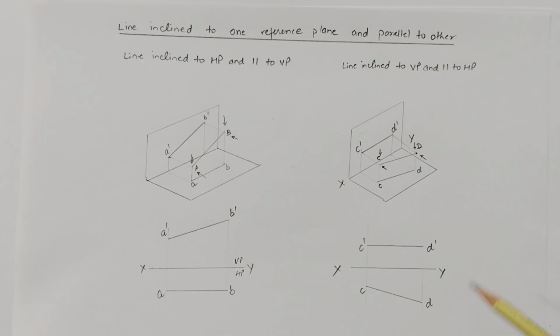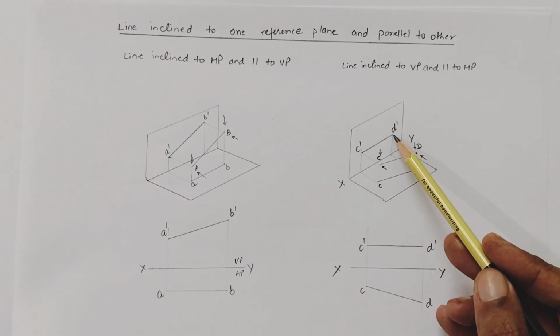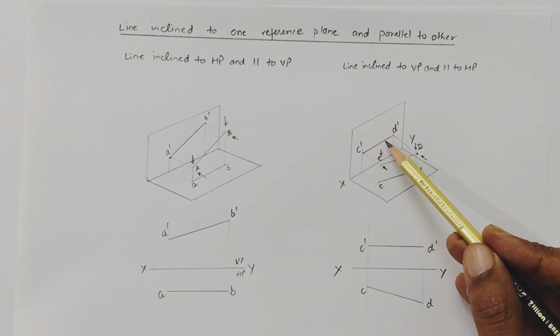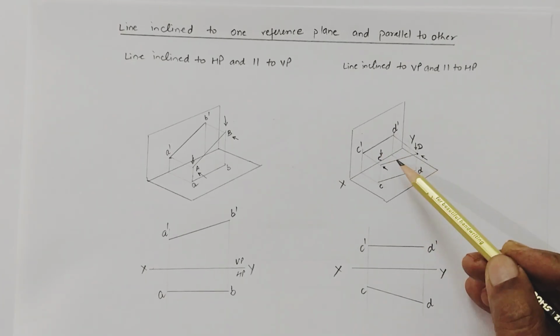Now the same case we elaborate in the XY direction, that is the axis of the object. So here C dash D dash represents the front view of the line and cd represents the top view of the line. As we know, this is the projection.